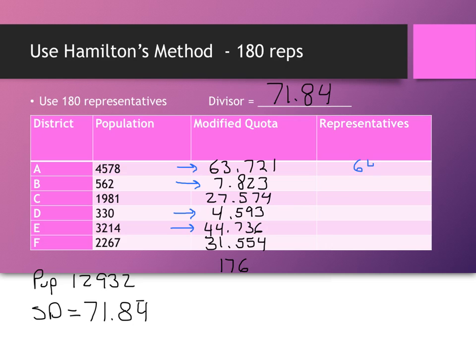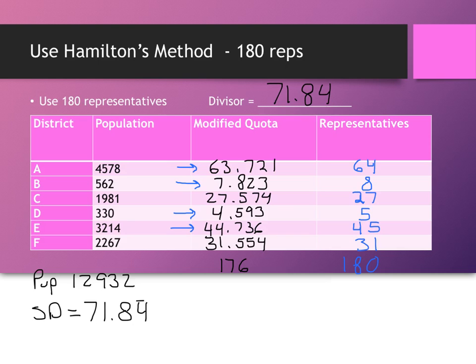So the number of representatives is 64 for District A, 8 for District B, 27 for District C, 5 for District D, 45 for District E, and 31 for District F. And by the way, if you add those up, 64 plus 8 plus 27 plus 5 plus 45 plus 31, you will get 180, so we do have the right amount.